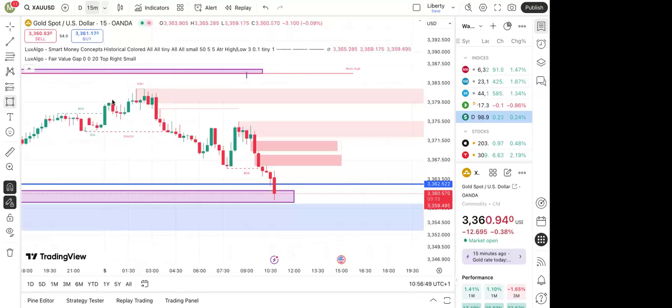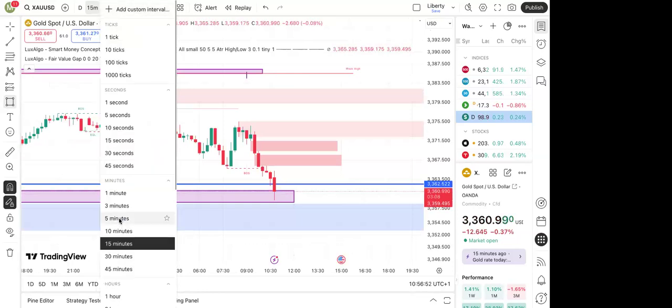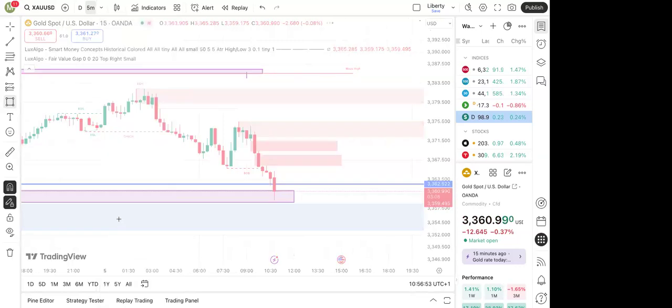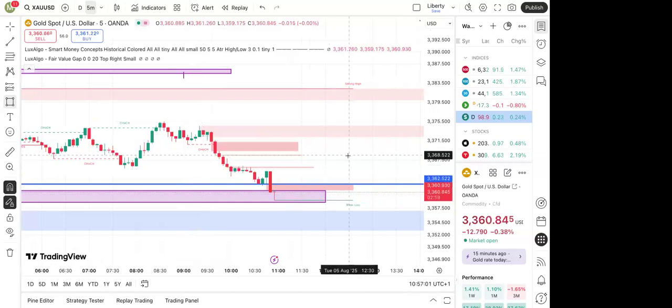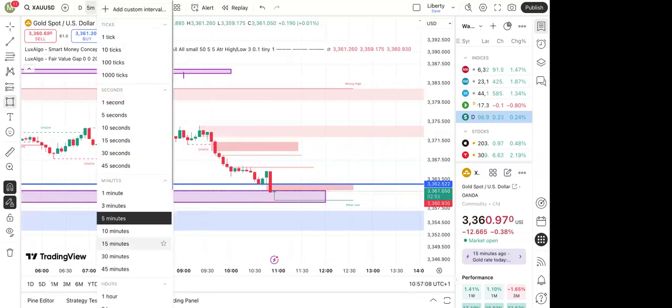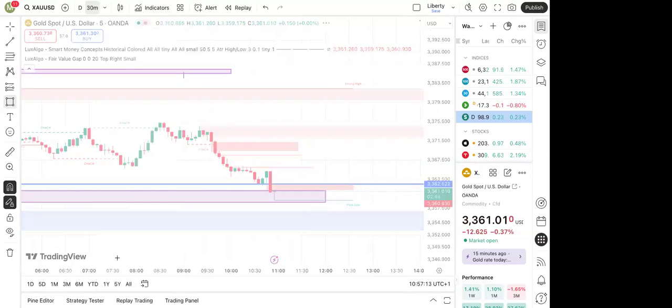So at this point, I'll come back to 5 minutes and see if we can take this trade. As we can see, there is a fair value gap. I want to look at 30 minutes.